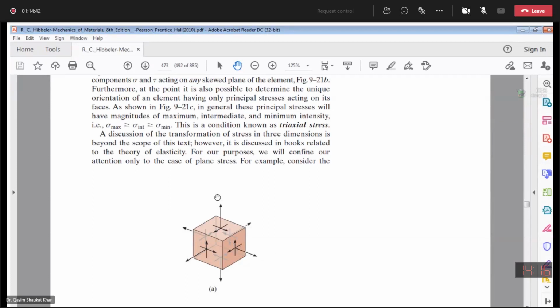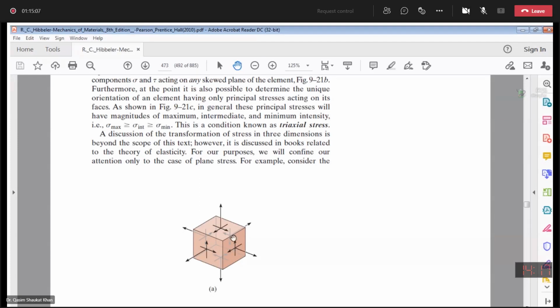Then this was complementary sigma x, complementary sigma y, complementary sigma z, and this was tau, shear stresses. So this was tau xy, tau xz. This was tau yx, tau yz.